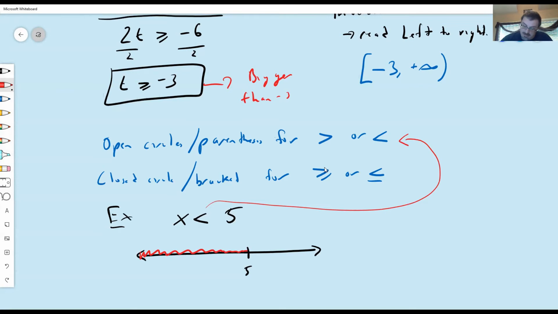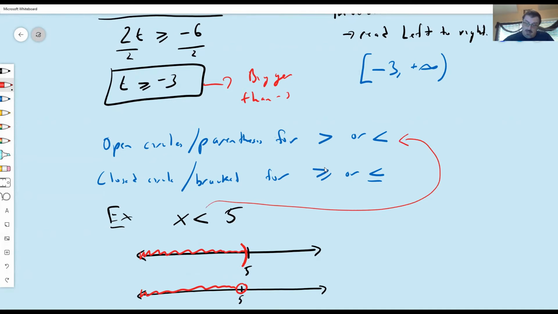So in this case, I put parentheses like this. Or if you're an open and closed circle person, here's 5 with an open circle. Myself, I'm a parentheses and bracket person, so for the rest of the time, I'm just going to do parentheses and brackets, but if open circle, closed circle works for you, it's fine.